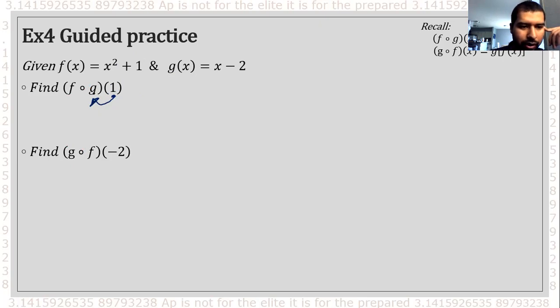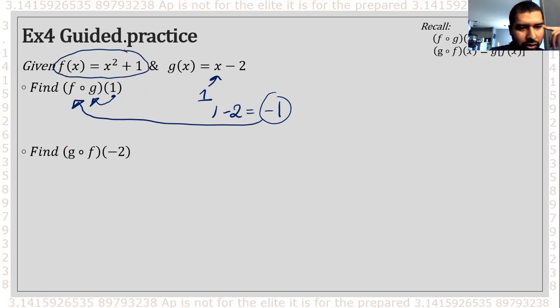I put my 1 inside my g, and I'll put my 1 right here. So it's going to be 1 minus 2, and I solve for that. That gives me a -1. So this value is now going to go inside my f, and my f is x squared plus 1.